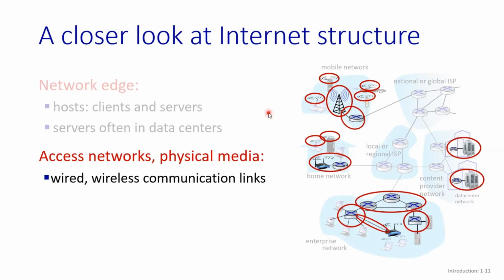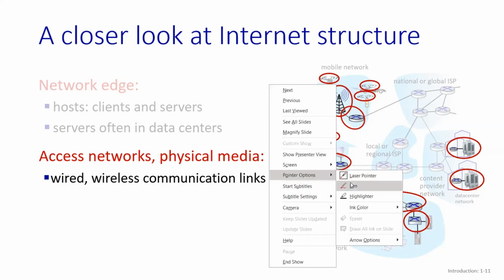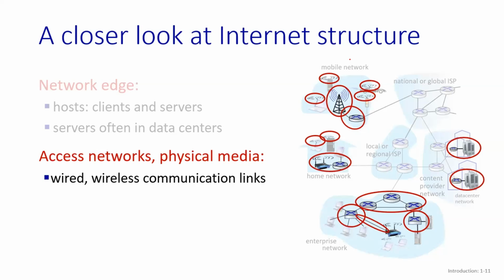So let's suppose this mobile network is connected to this network over here using this router. So this router is known as the edge router. We have connected this network to this network over here.